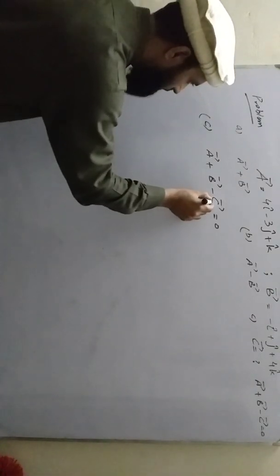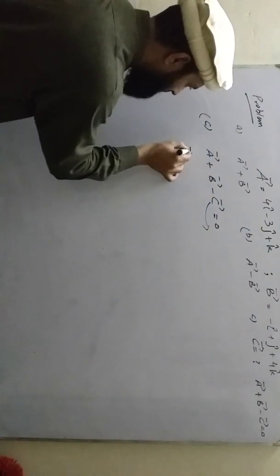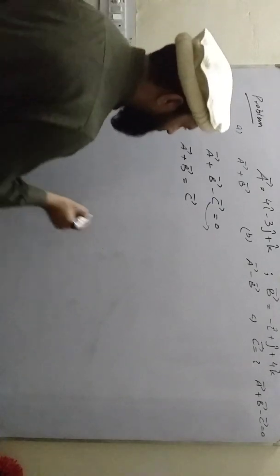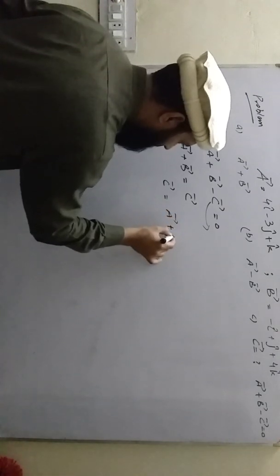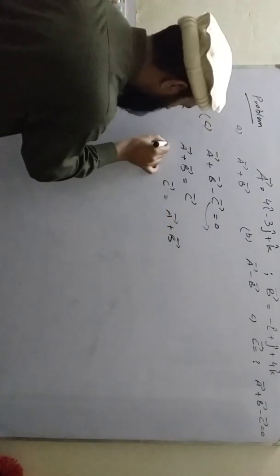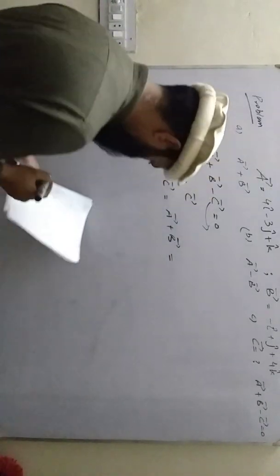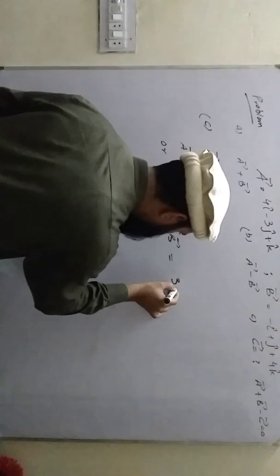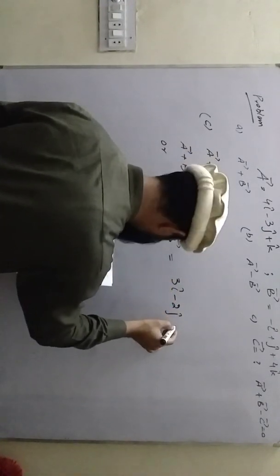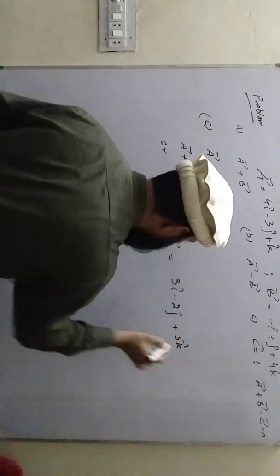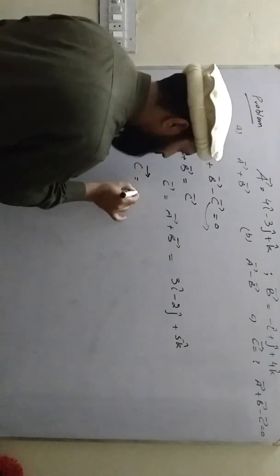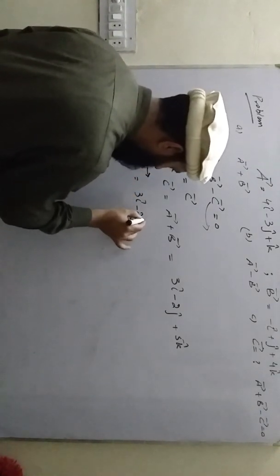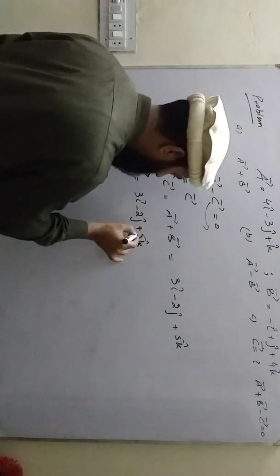If we take C toward the right side, it can be written as A plus B equals C, so vector C equals A plus B. As we already solved A plus B, which is 3i minus 2j plus 5k, the C vector must be 3i minus 2j plus 5k.